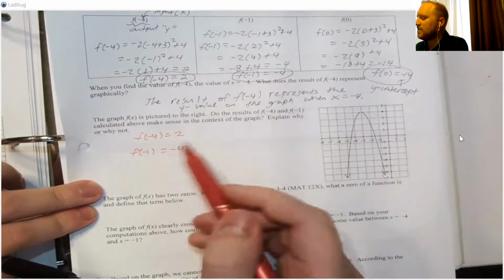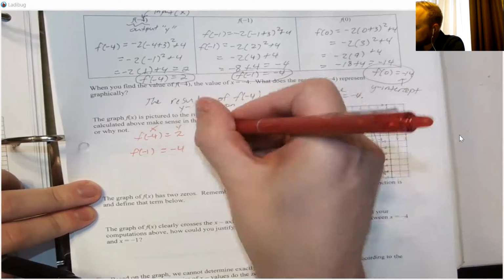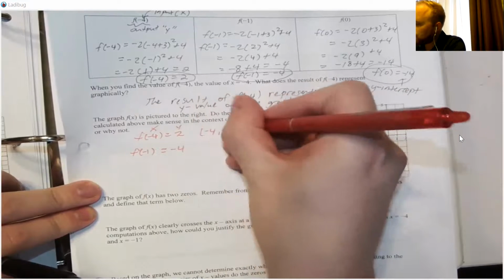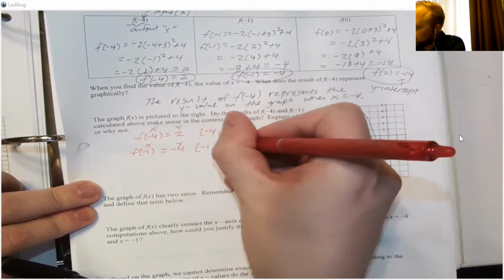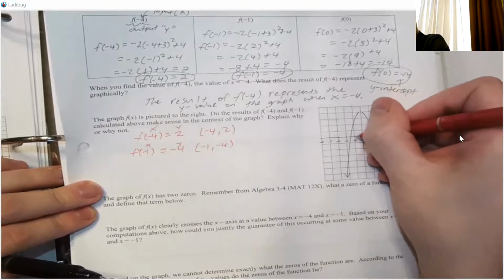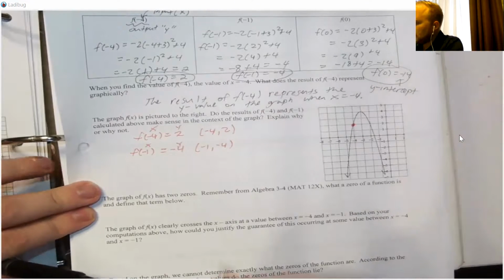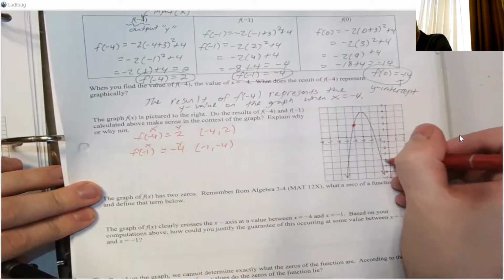So I'm going to check these values. If I write these as points, this point would be negative 4 comma 2, and this point here would represent negative 1 comma negative 4. So if I plot these, negative 4 comma 2 is right there, and negative 1 comma negative 4 is down here.